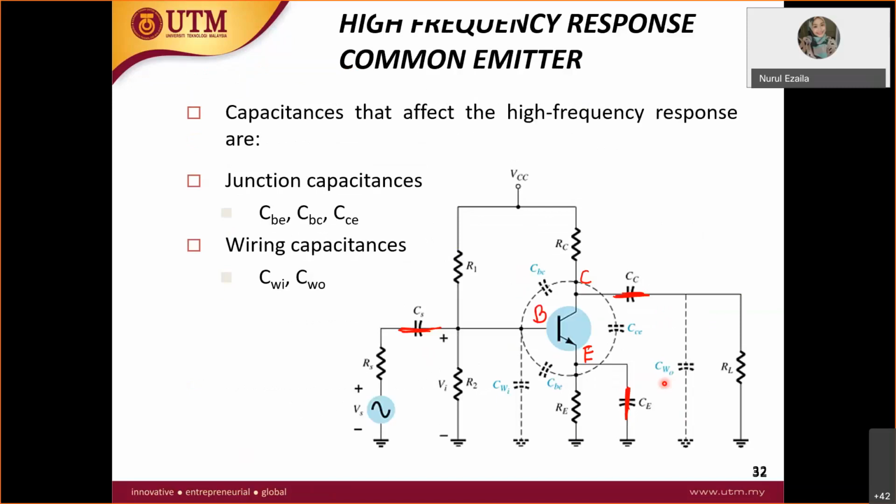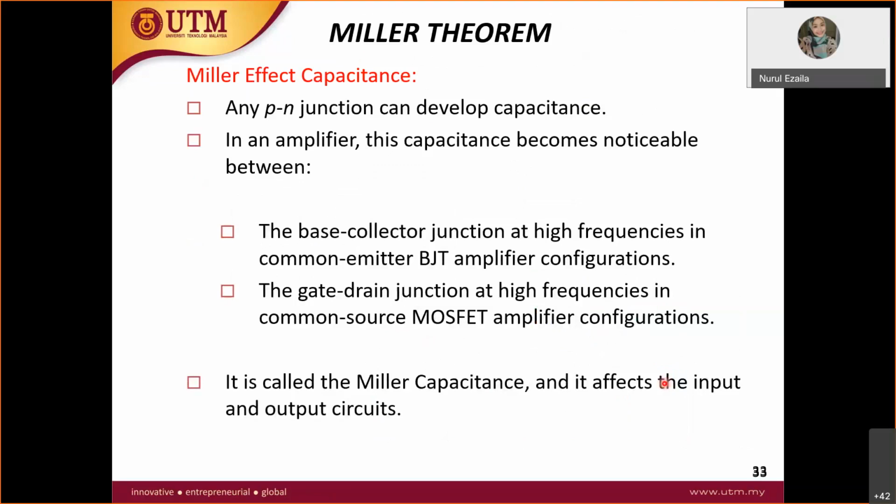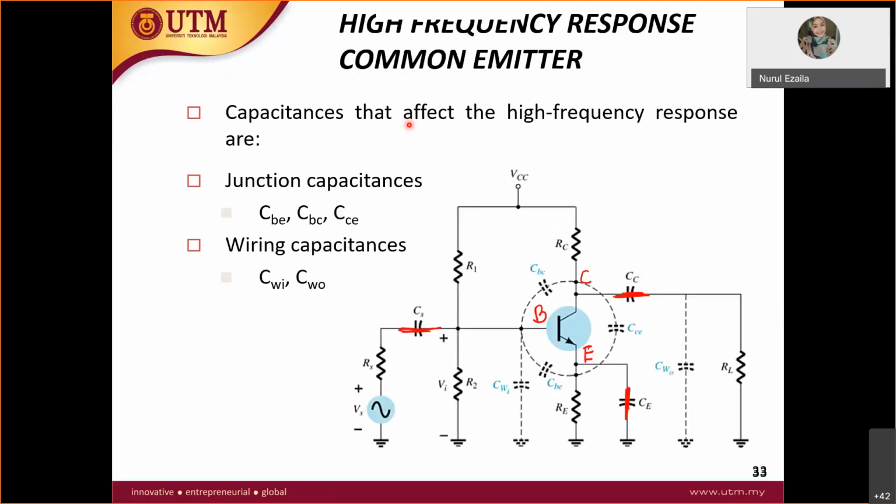So how to solve this high frequency is by finding the total capacitance using Miller's theorem. So what is Miller's theorem? Any PN junction can develop capacitance, like here, between junctions.